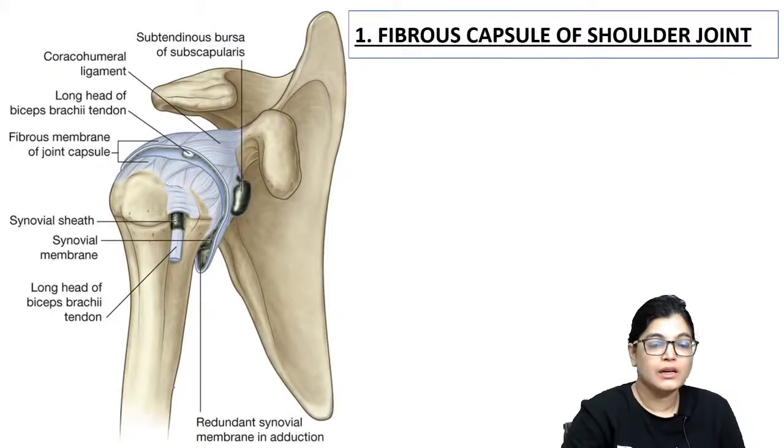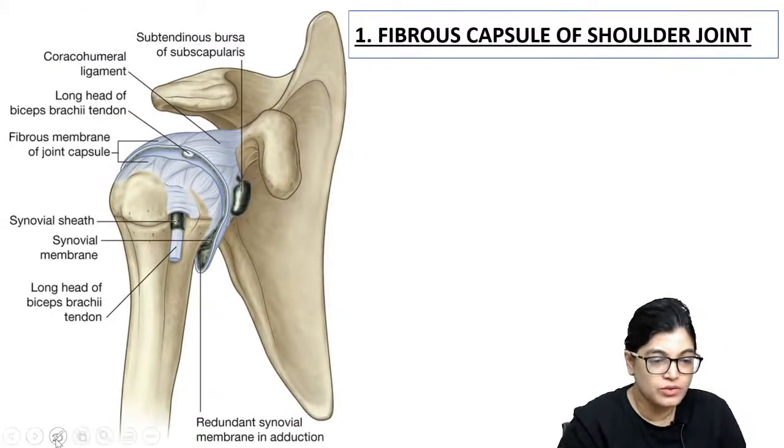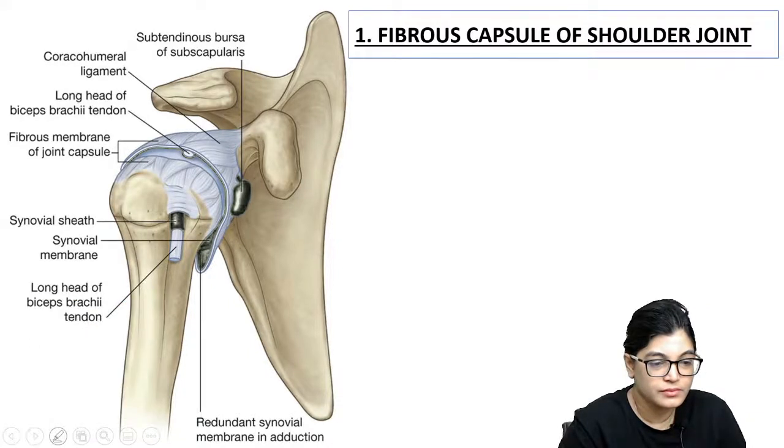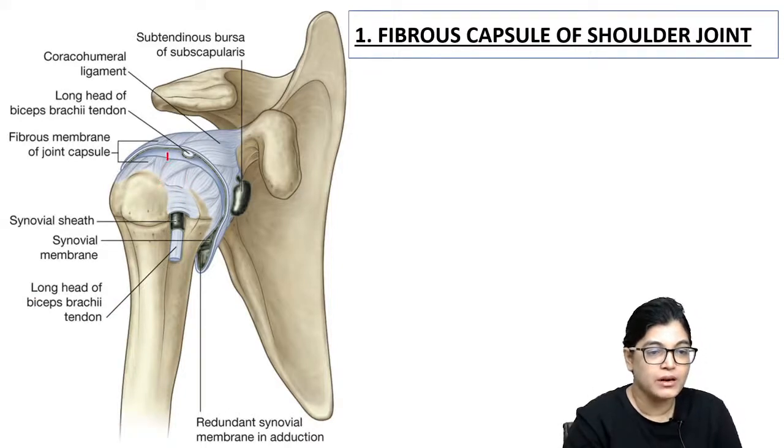Now, in this diagram, the outermost surface, this part which you are seeing here, is the fibrous capsule.